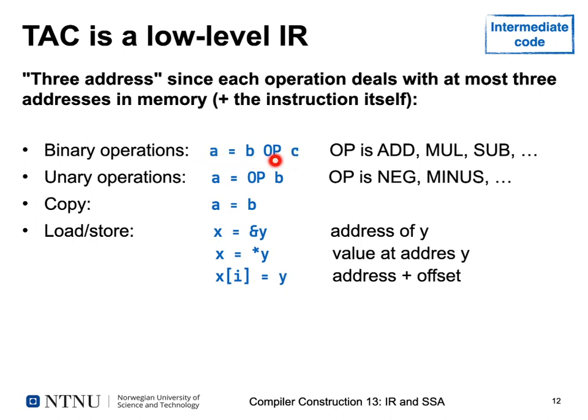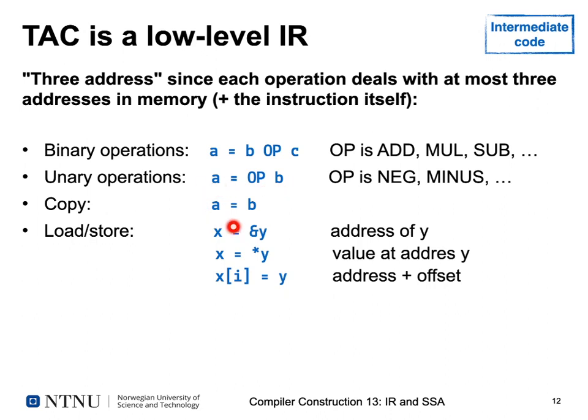So we have 2 input operands, B and C. We have a binary operation combining them like an addition or multiplication, and we assign the result to a third name here. A unary operation only has a single operand for its operation, like a binary negation, which would just flip bits around, or a numerical minus, which would just give the negative value of the operand, and of course a target again.